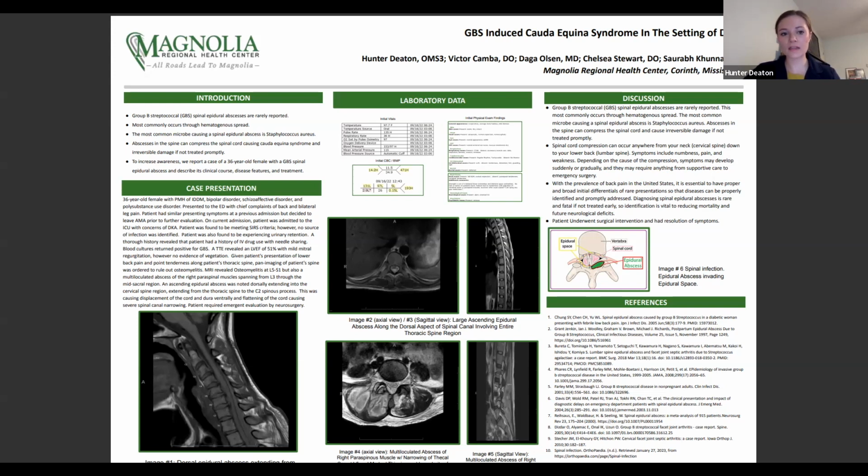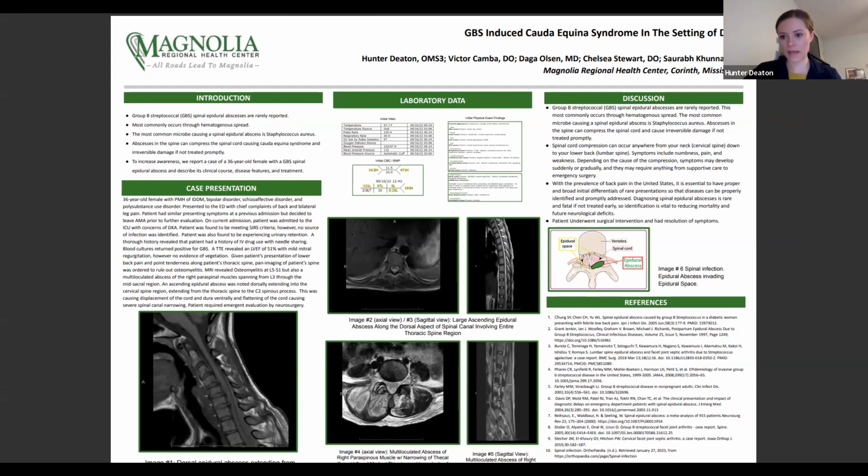Imaging came back and showed osteomyelitis in the L5 to S1 region, and it also showed an abscess in the paraspinal muscles running from L3 to the mid-sacral region. And then further, an ascending epidural abscess was identified that went from the entire thoracic spine up into C2, and that was causing displacement of the spinal cord, and it caused severe canal narrowing.